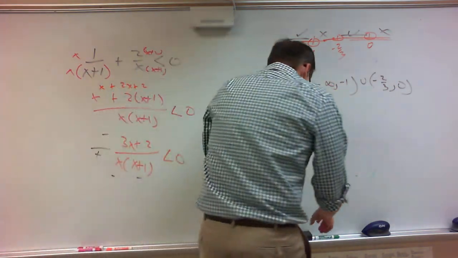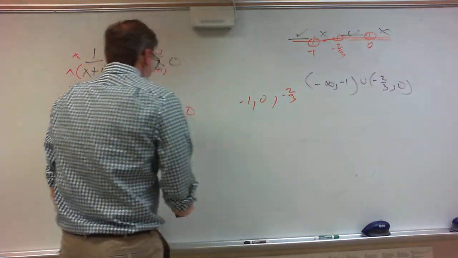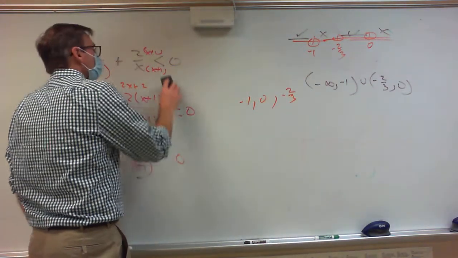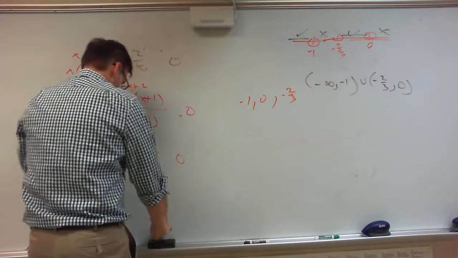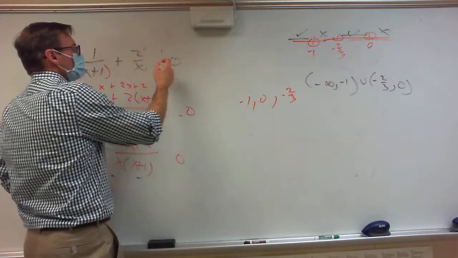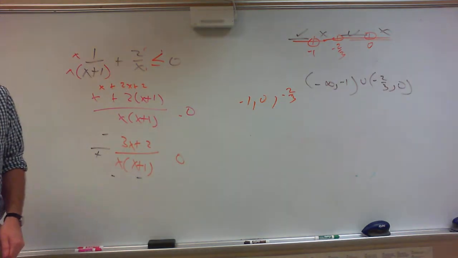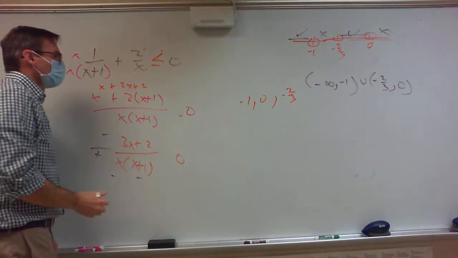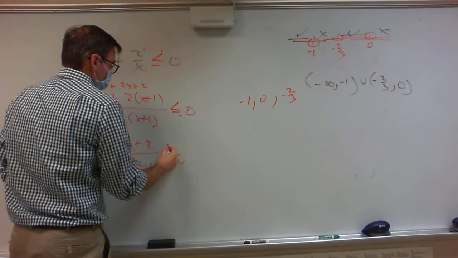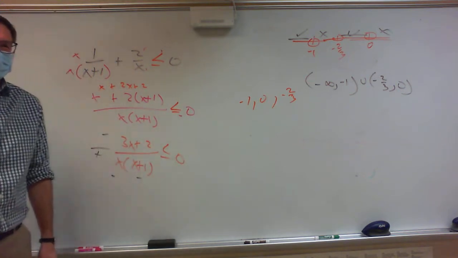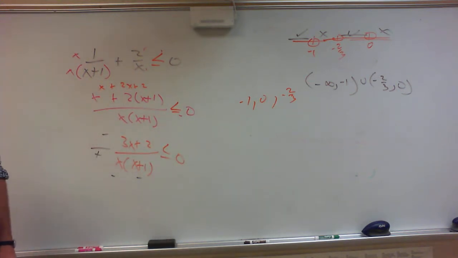Okay. Well, how does it change if instead of it being less than, I said it was less than or equal to? Don't they just become brackets? Do they all become brackets? Wait, no. The inside ones, but yeah.